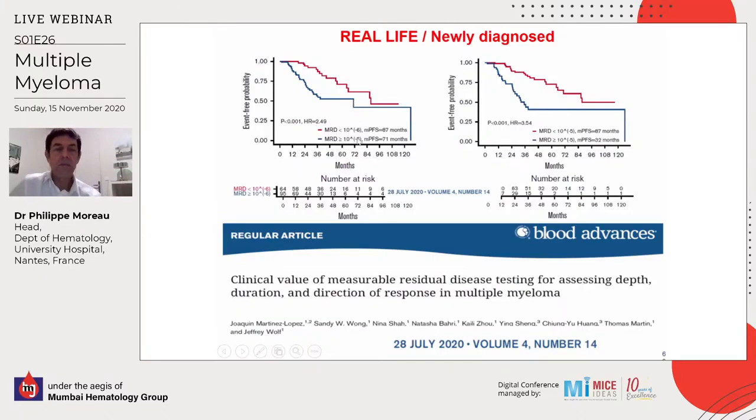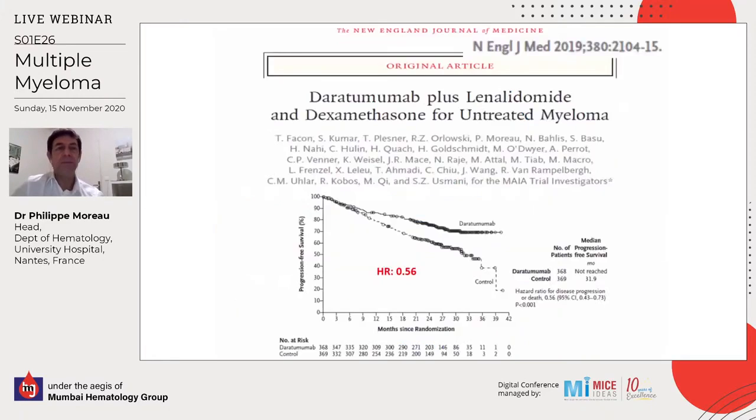You see the impact of MRD negativity in the real life. So do we need to use MRD assessment in the routine practice outside clinical trials? That will be probably one of the questions that we are going to discuss later, but I guess that we are almost ready for using MRD negativity in routine.